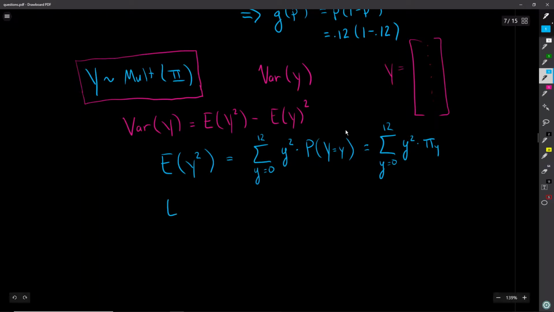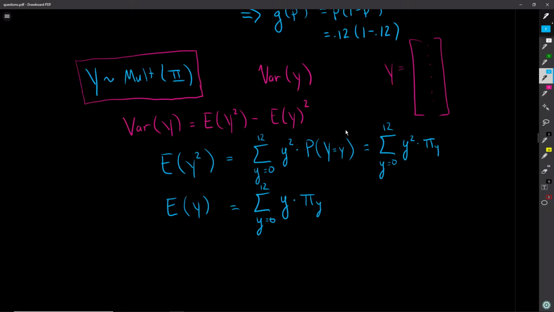Okay, and now the expected value of y, which we'll need to plug in here, is just going to be the sum from y equals 0 to 12 of y, instead of y squared, times pi y, right?